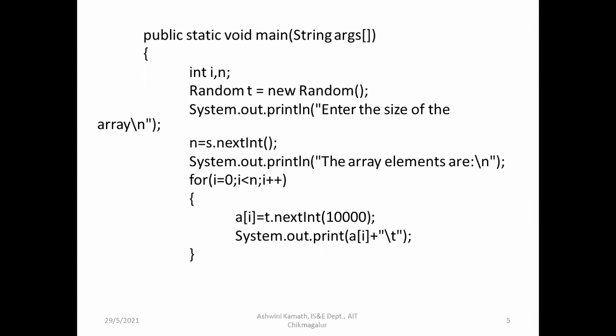Then println will include a new line at the end of the statement, whereas System.out.print will not include a new line. That is the difference between System.out.print and System.out.println.